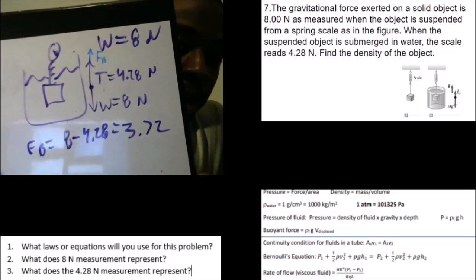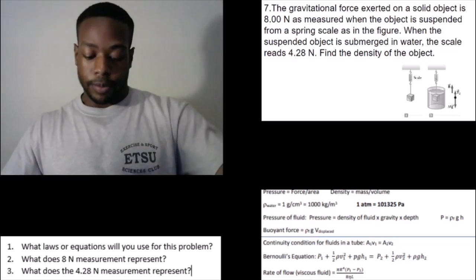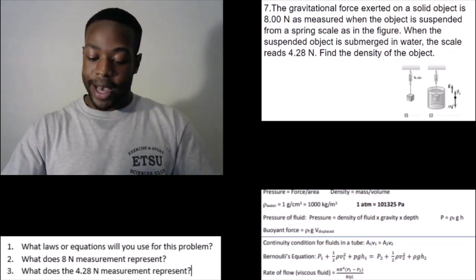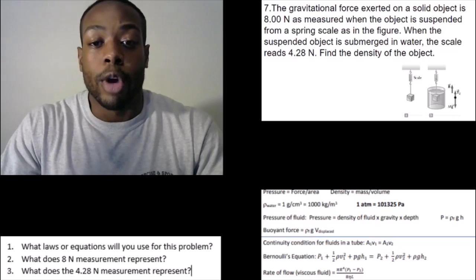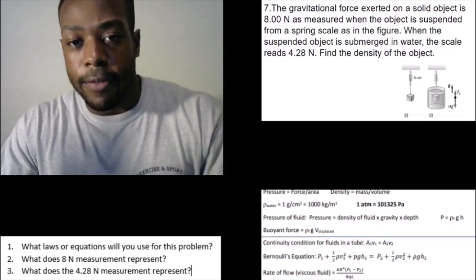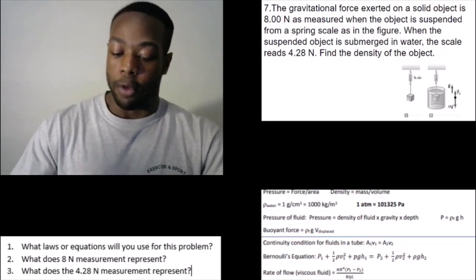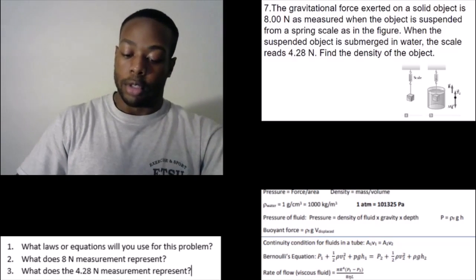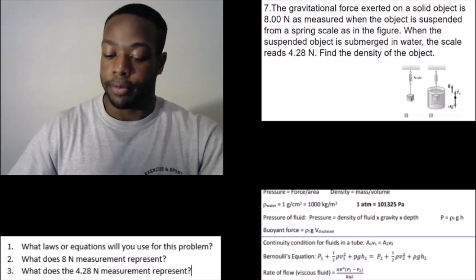I didn't write newtons, but you know that it would be in newtons. So what I was getting at for my leading question, in question 3, was that the 4.28 represents the weight being offset by the buoyant force.